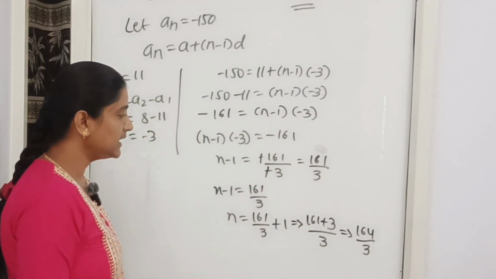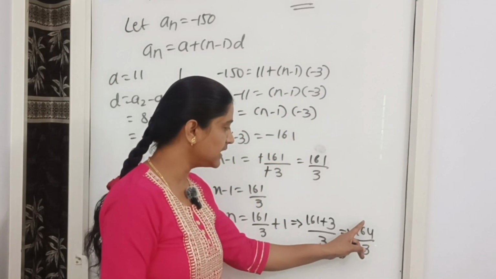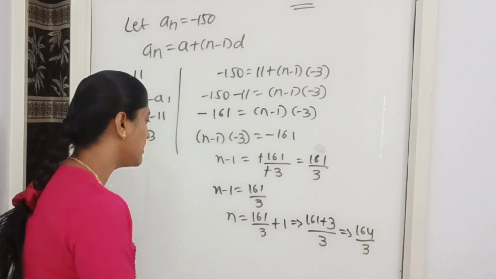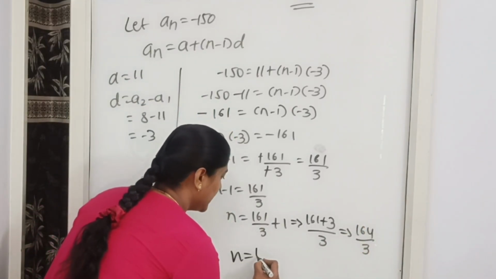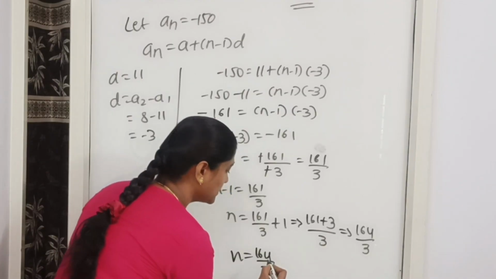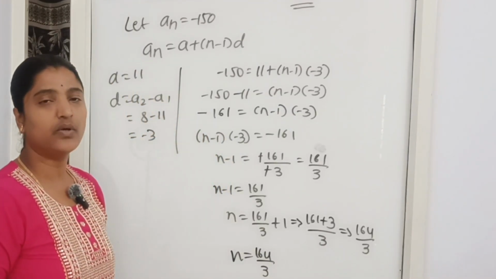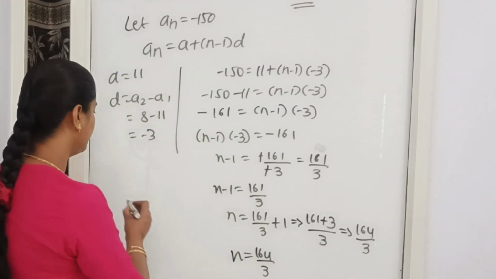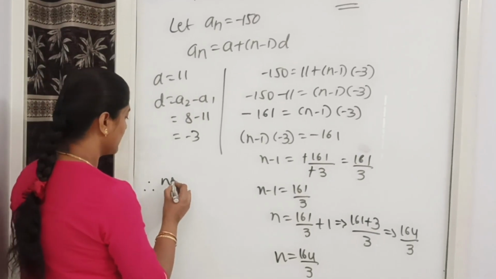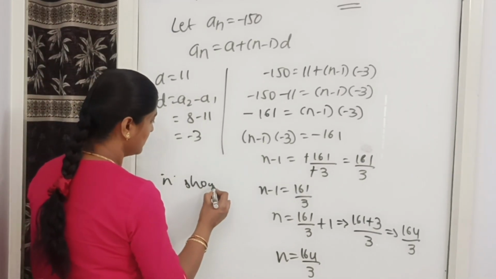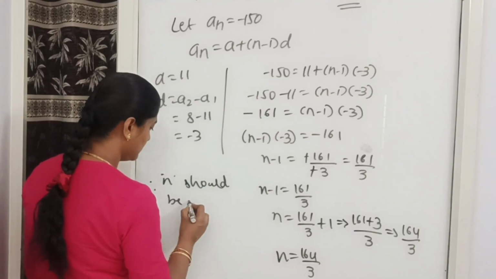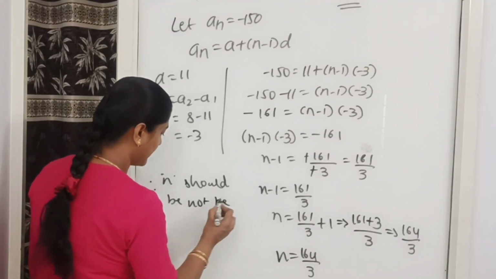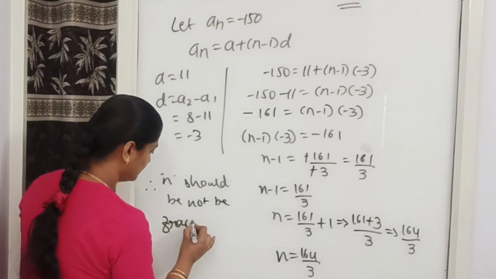Is it divisible by 3 table? Check it out. 3 ones are 3, 3 5s are 14. 14 is also not divisible. So the N we got is 164 by 3. So it is in fraction form. Therefore, N should not be in fraction form.